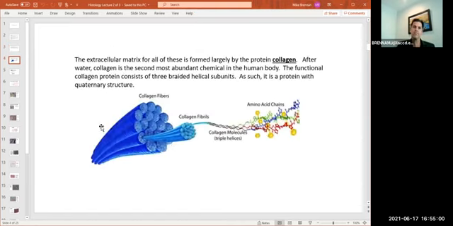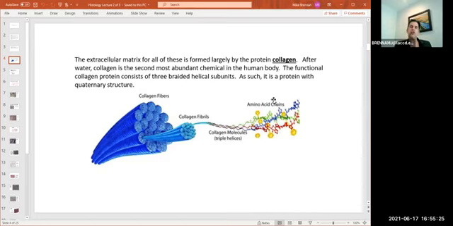Okay, so most of these tissues is going to be one specific chemical compound, and that is a protein that we call collagen. So after water, which is 66% of our bodies by weight, collagen is the next most abundant chemical in the human body.